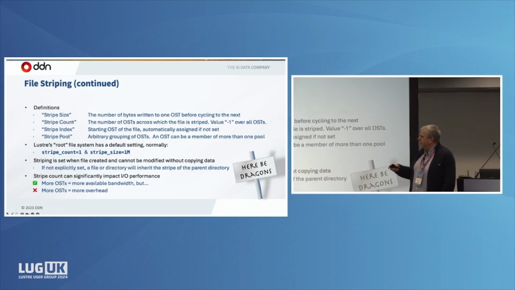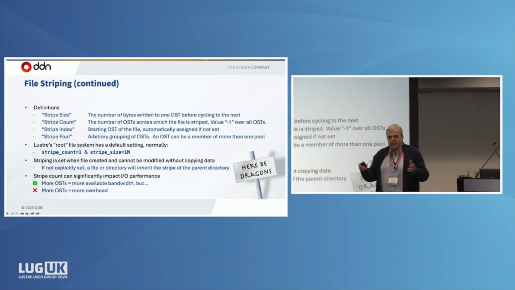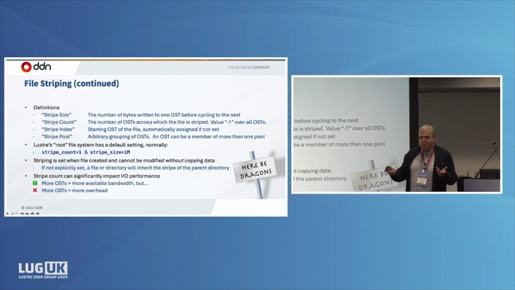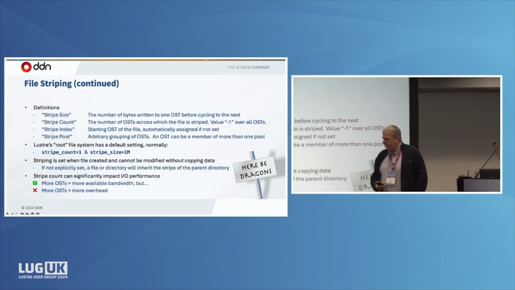So the stripe size is how wide you want to write each of these Lustre stripes. The stripe count is how many OSTs are used, as the file goes from 0 to, say, 2 megabytes: the first 1 megabyte will go to the first OST, the second object will go to the second OST. The stripe index is a bit strange. We'll skip over that one for the moment.